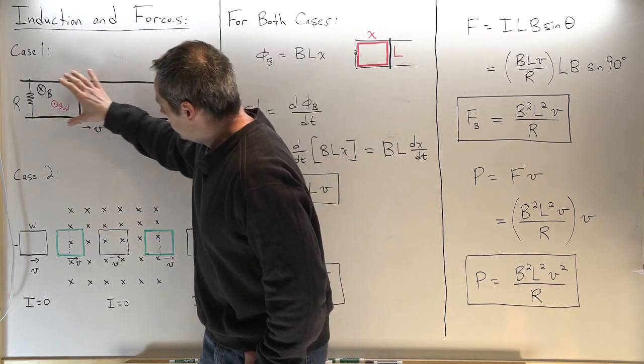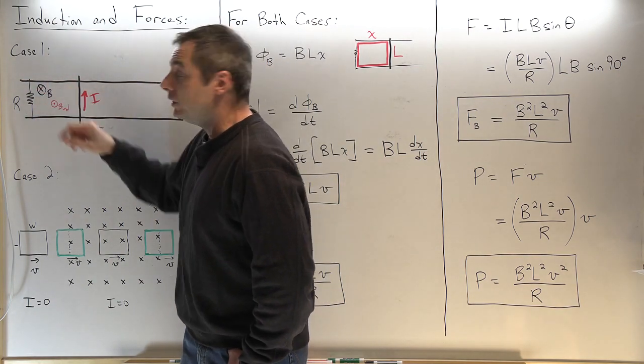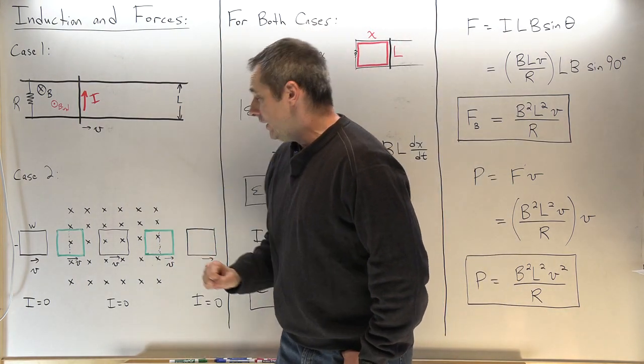So when the train goes either towards the intersection or away, there will be a current induced in the rails. All right, so there's that example.